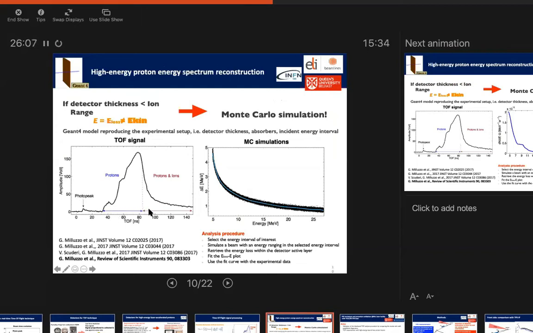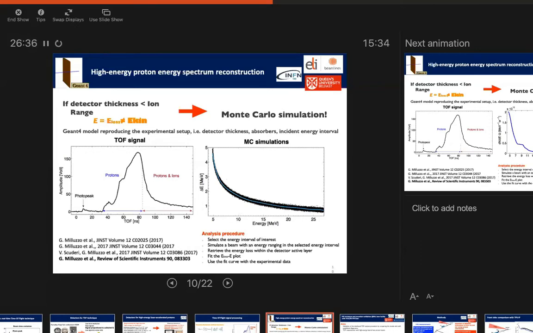Starting from the time of flight, so from the kinetic energy, I wanted to retrieve the energy loss inside the detector thickness, and so I performed a simulation. The purpose was to obtain a relation, a sort of function, that allowed me to pass from the kinetic energy to the energy loss point by point.